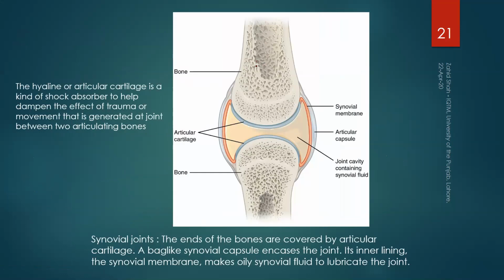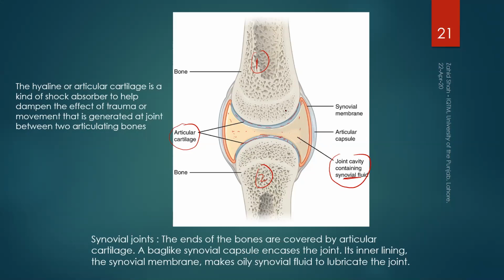I will quickly go through it. So there is one bone, the second bone, and at the end of those bones, this is the articular cartilage. Articular means this cartilage makes the joint. At the end of both bones there is cartilage, and there is a space. You can see this is the space between these two bones. That is your joint cavity, and this cavity contains synovial fluid. And where does this fluid come from?